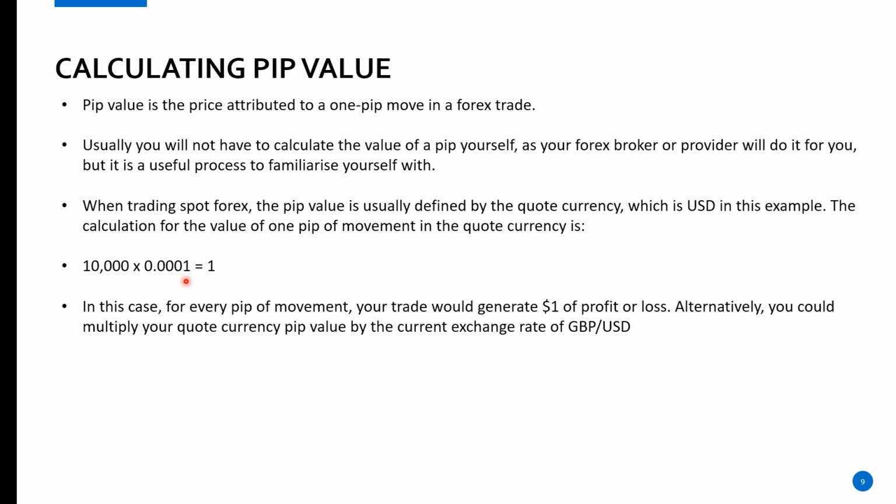So if a currency is quoted in terms of USD, it's easier. You don't even need to calculate it. It's just straightforward. For a standard account, each pip movement will be $10. For a mini account, each movement will be $1. And for a micro account, each movement will be $0.1. And for each, let me just grab a pen tool and show you.